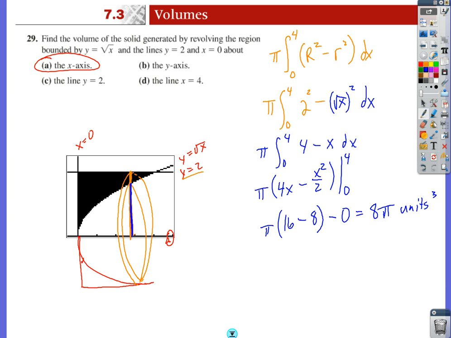Again, pretty cool and amazing. If at all possible, go ahead and leave this in terms of pi. It's easy enough to do. You don't have to multiply out.